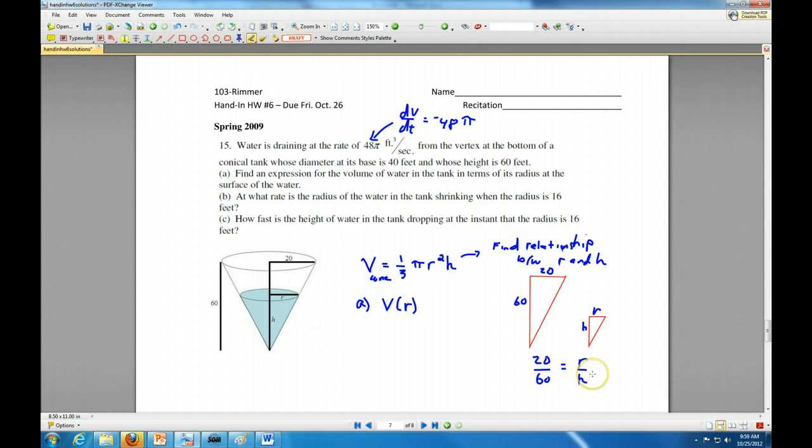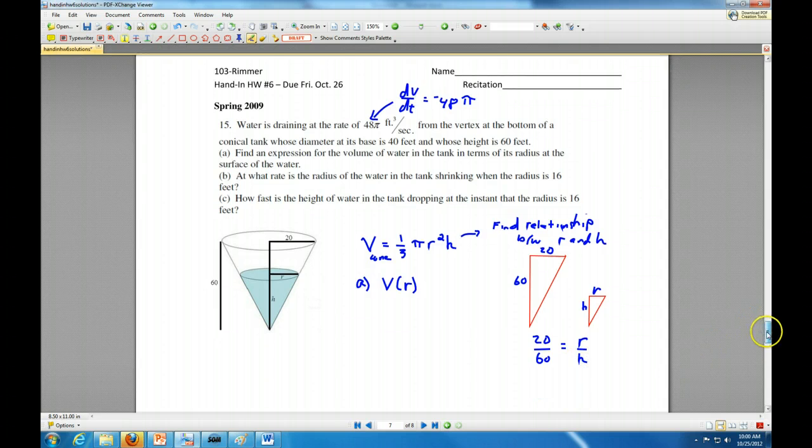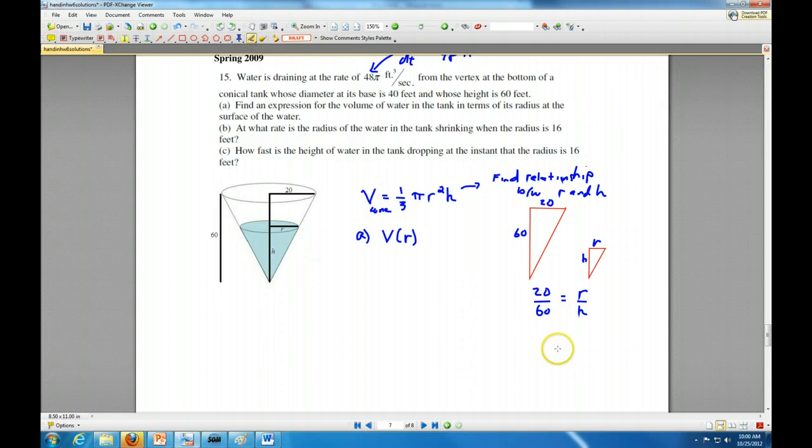The ratio of the legs is equal to the ratio of the legs in the other triangle. And this tells us that 20h is 60r, or that h is 3 times r.